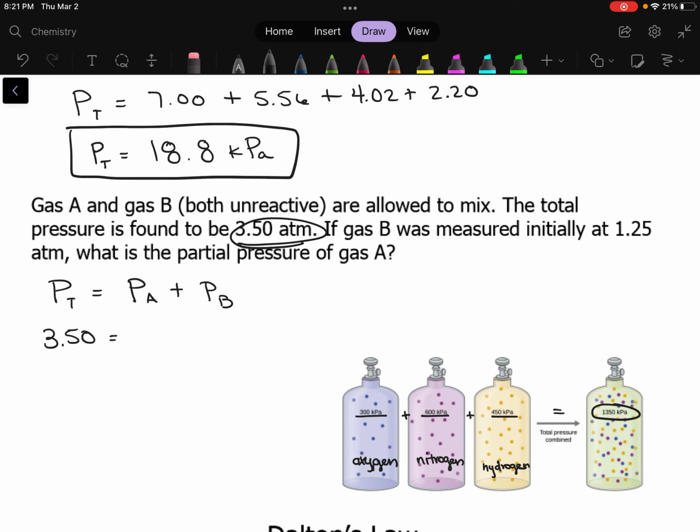And then it gives us the second pressure. And so we are left to find the pressure of A. So we're going to have to do a little bit of algebra. I want to get PA by itself, so I'm going to subtract 1.25 from both sides.